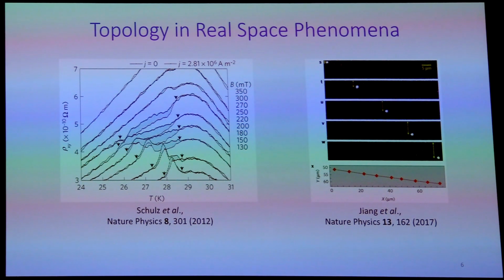And on the right, I'm showing you the experiment where an electric current pointing to the right moves skyrmions, but they also get deflected as predicted by the Skyrmion Hall effect.